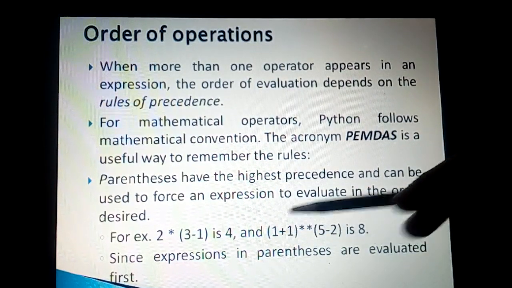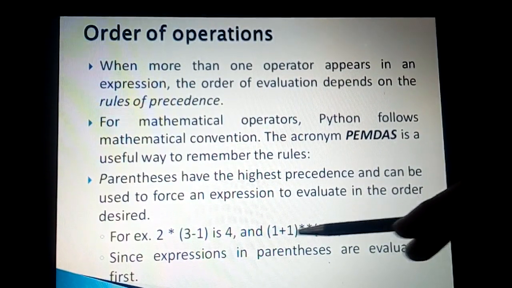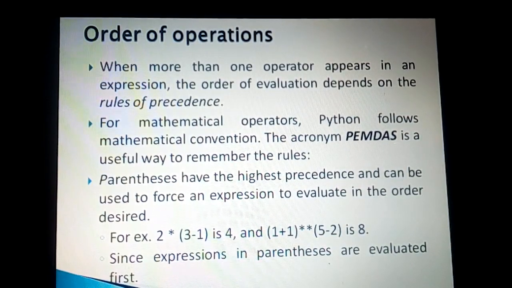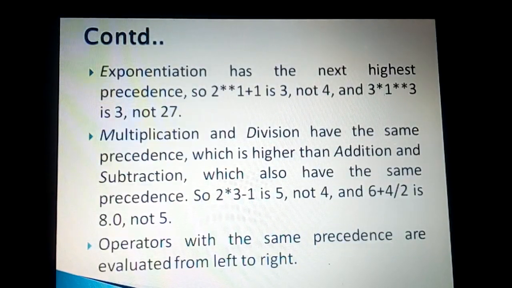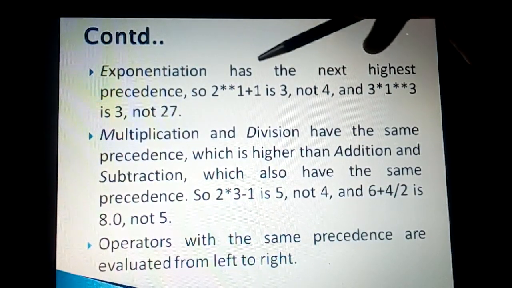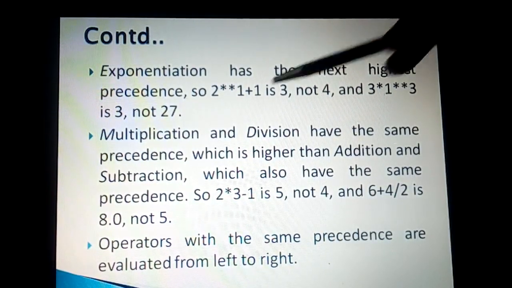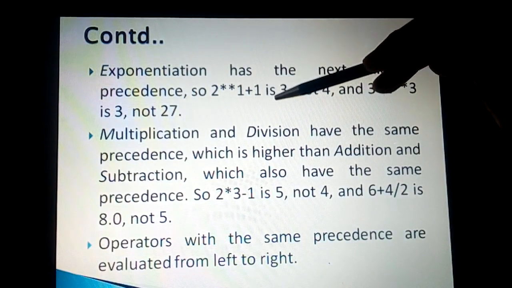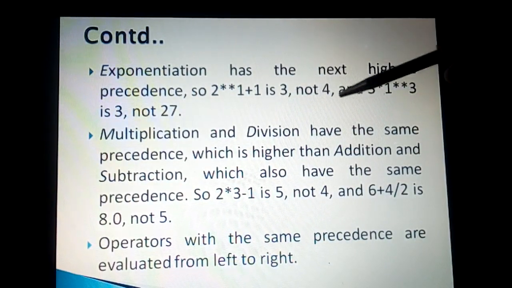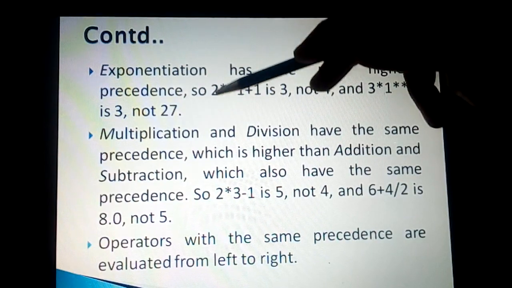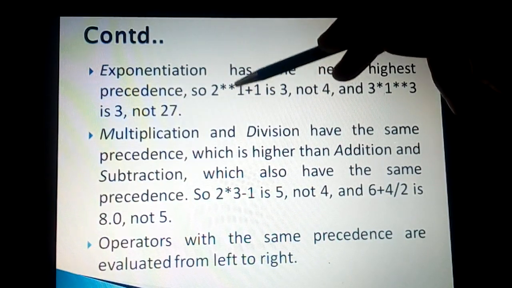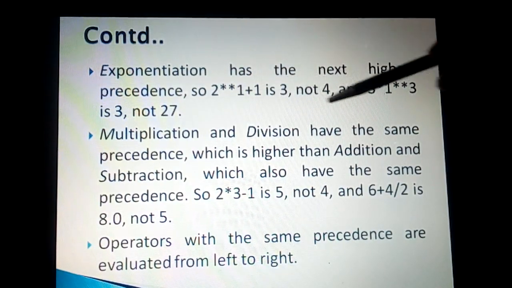So parenthesis will be evaluated first, and then 2 raised to 3, that is 8. Next, 2 asterisk asterisk 1 plus 1 is 3, not 4, meaning the exponent will be evaluated first. 2 raised to 1 is 2, plus 1 is 3.